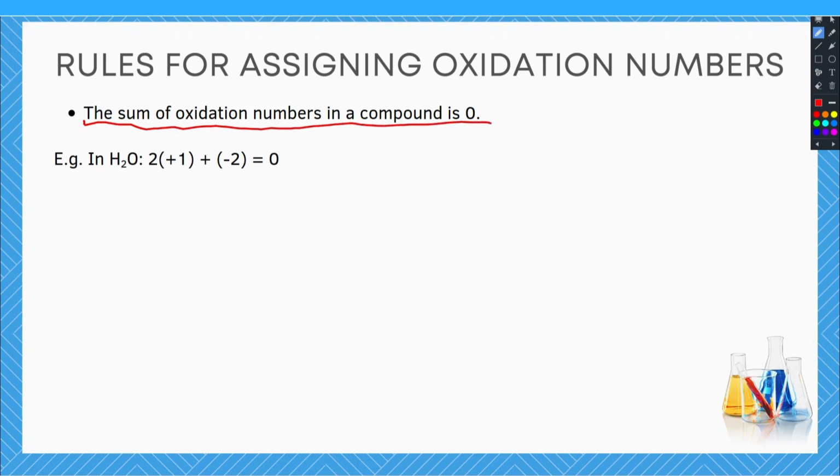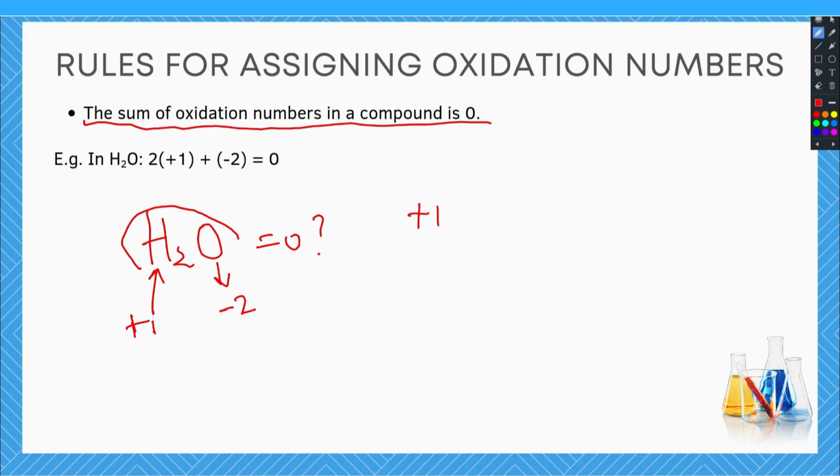What do we mean? We have H2O, for instance. And remember we said that hydrogen usually has the oxidation number of +1, while oxygen has the oxidation number of -2. Let's prove this law. Let's see if we add everything here, will it give us 0? So we have hydrogen, which is +1. How many atoms of hydrogen do we have? We have 2 atoms of hydrogen. So that gives us +1 multiplied by 2, and then plus oxygen, which is usually -2.